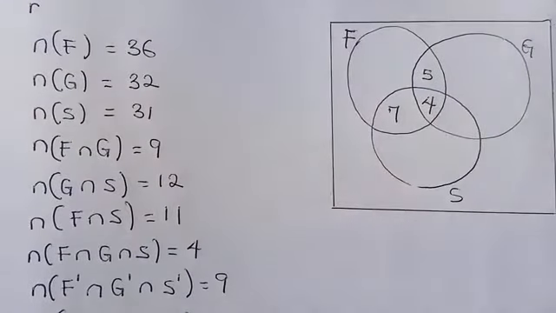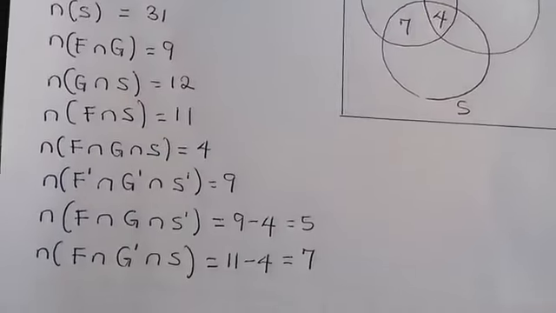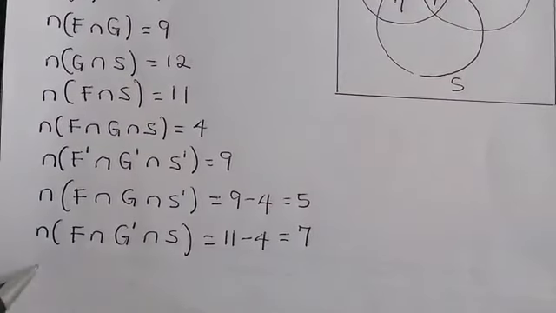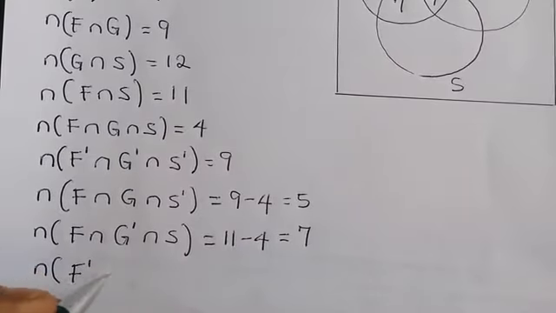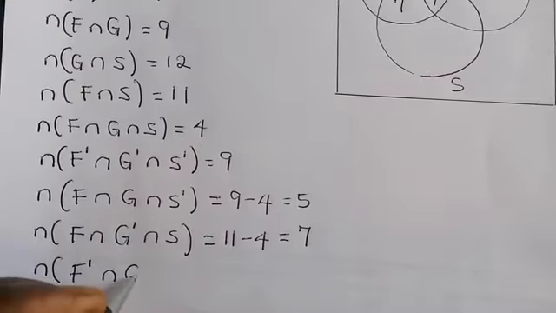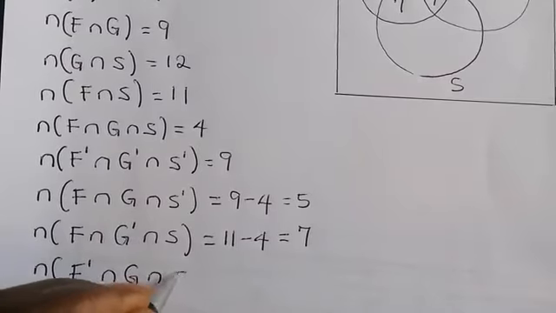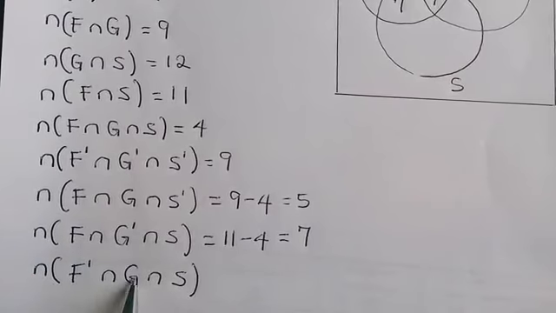So we have to subtract this 4 from 12. So come down here also and have the cardinal number of those that have F prime intersecting G intersecting S. That is the intersection between G and S and not F. That is why we are putting prime here.